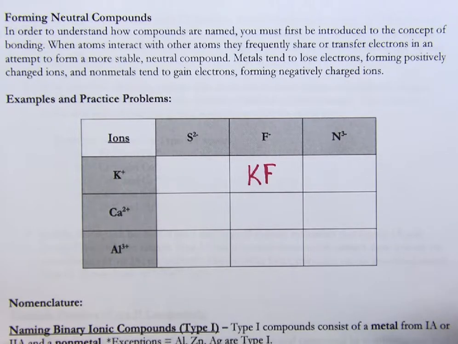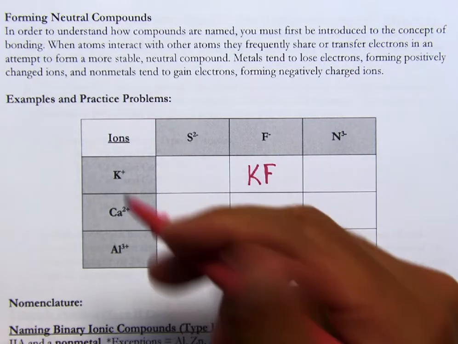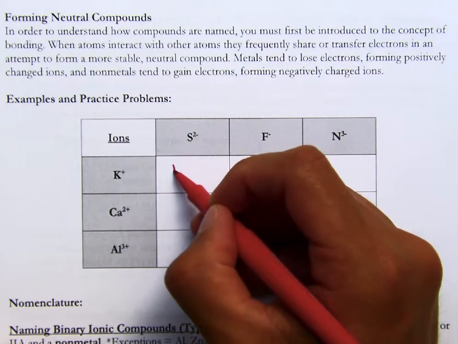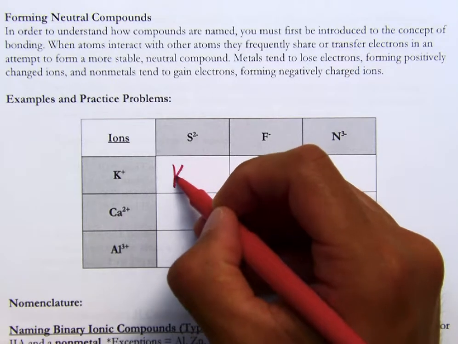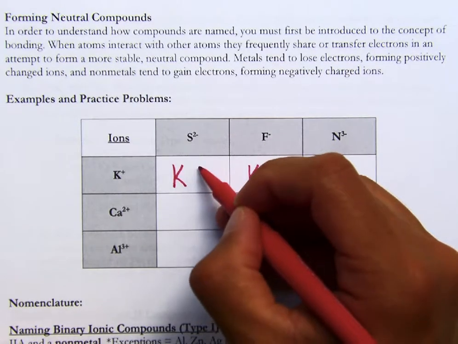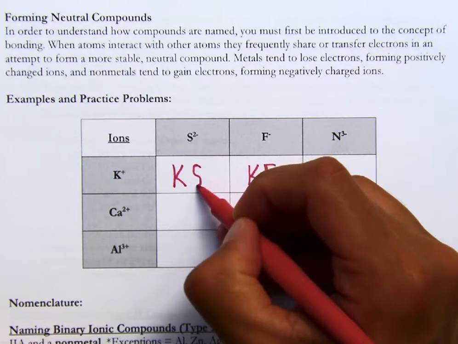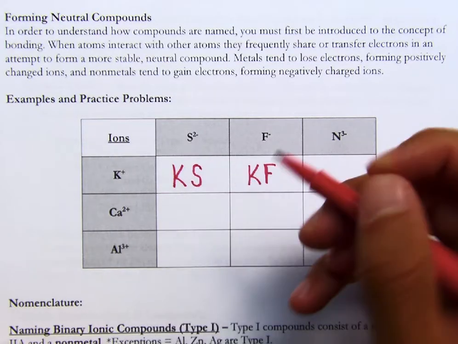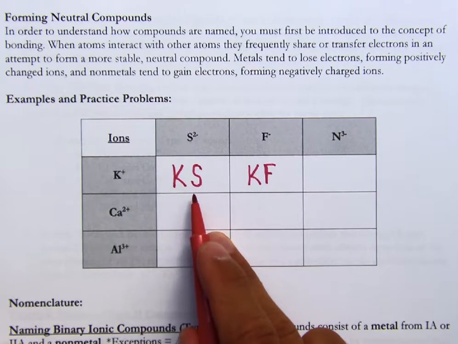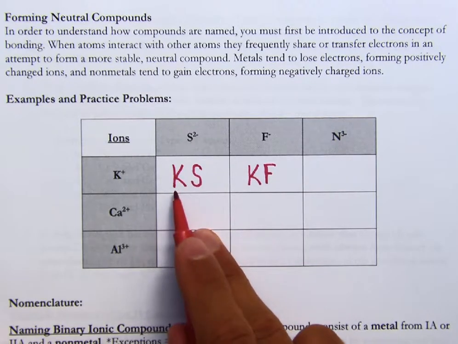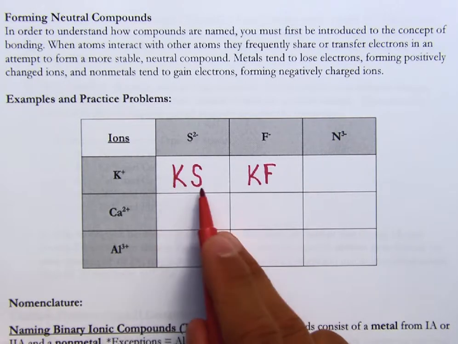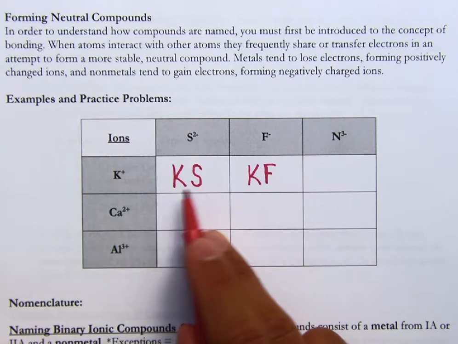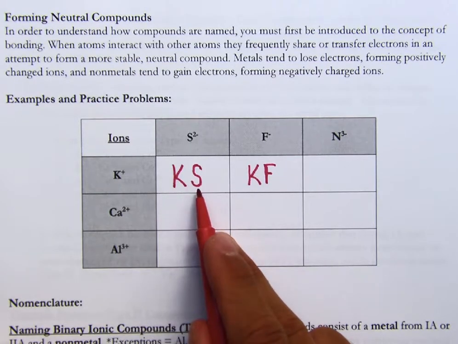Pretty straightforward, pretty simple. Now in contrast, on this one, if we have potassium, K, and then we have sulfur, S, we think, is that a neutral compound? Well, K has a +1 charge, and sulfur has a -2 charge. So if this is +1 and this is -2, does that give you a neutral compound? No, it's not neutral.